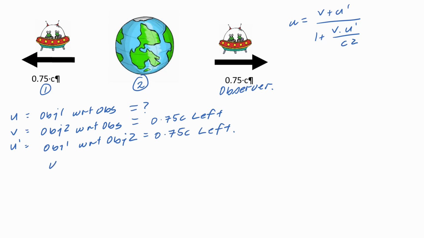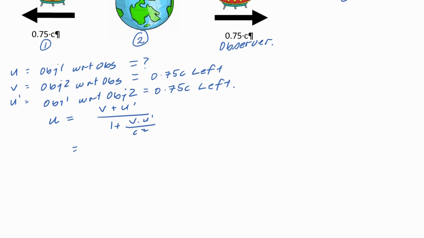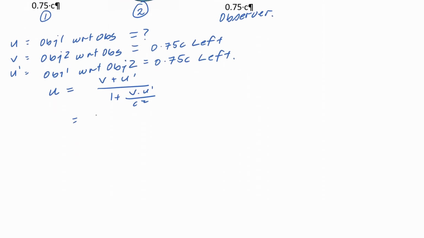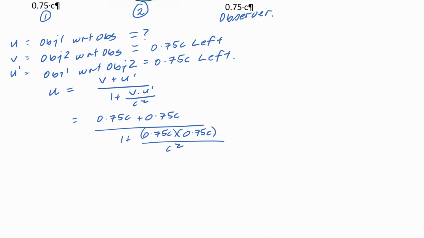Okay, let's put that into our equation. So I have 0.75 c plus 0.75 c over 1 plus 0.75 c times 0.75 c divided by c squared.